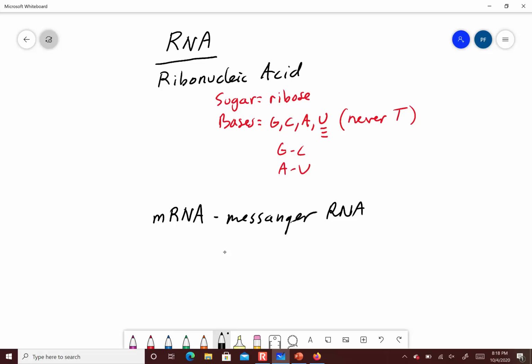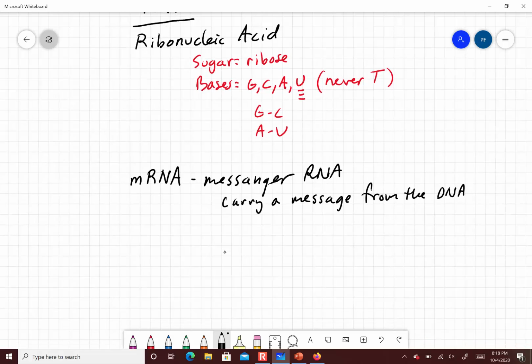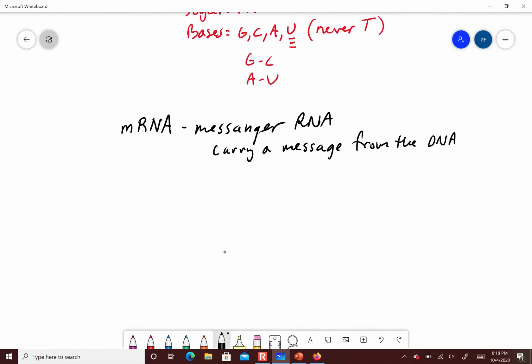This is going to carry a message from the DNA. I'm about to show you something that's kind of an intro into how we're using DNA. This messenger RNA is part of that. mRNA will be part of what I show you. Just think of that mRNA as having a message from the DNA.